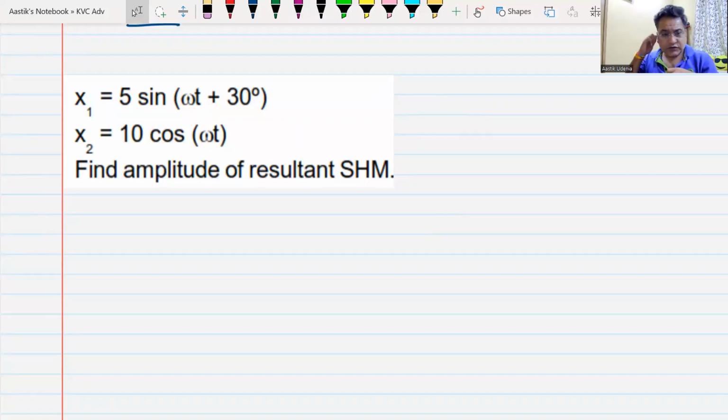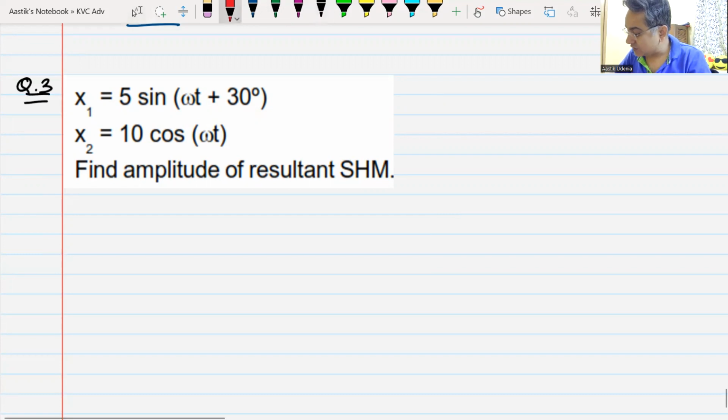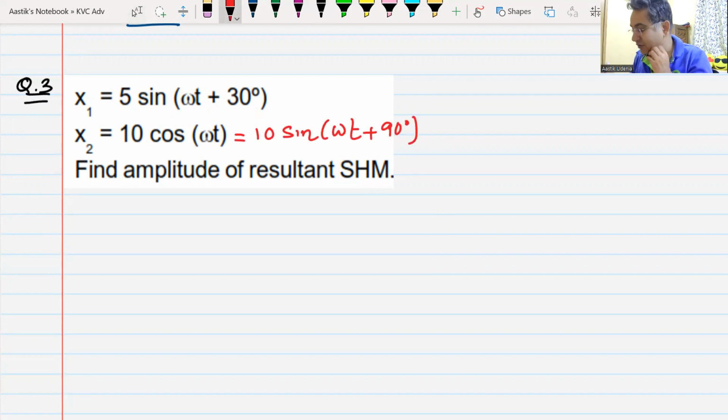So how are we supposed to do this? Let me do it in a short way. I can write this equation as 10 sine of omega t plus 90, just to make 30 and 90. So you can see the phase difference is 60 degrees.